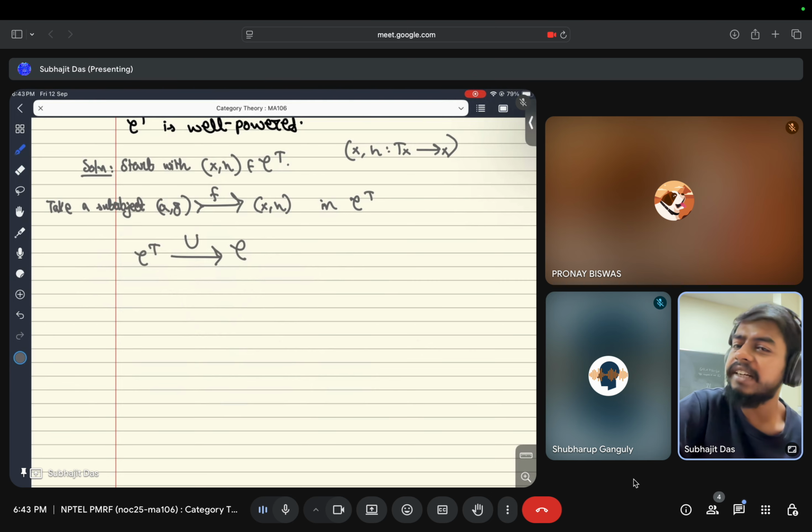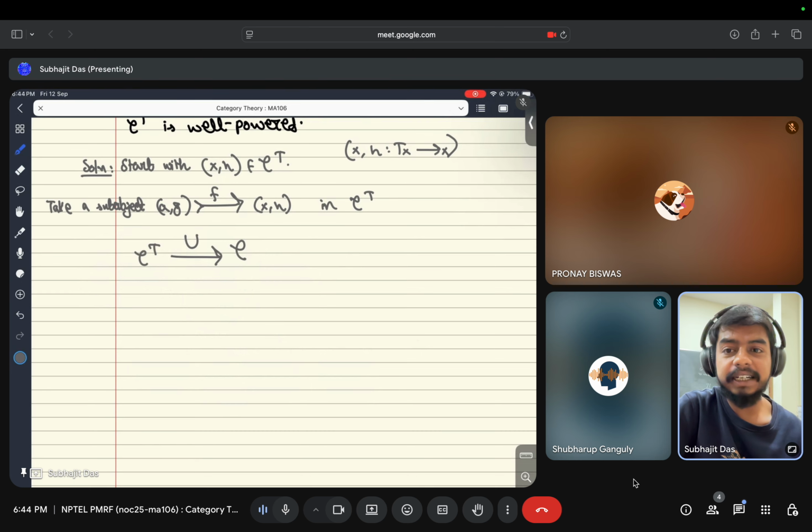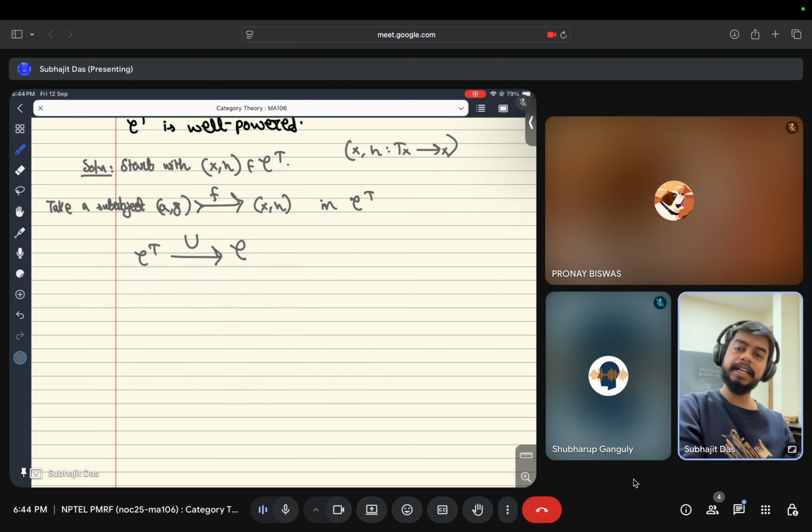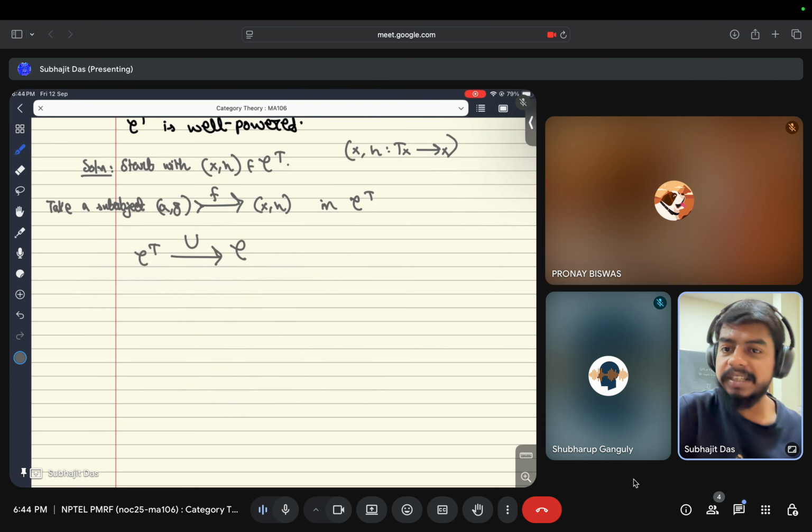It's faithful, it reflects isomorphisms, but it has some more properties, right? It's a right adjoint, and you are taking a monomorphism in C power T. So will the image of that monomorphism under U not be a monomorphism again in C?